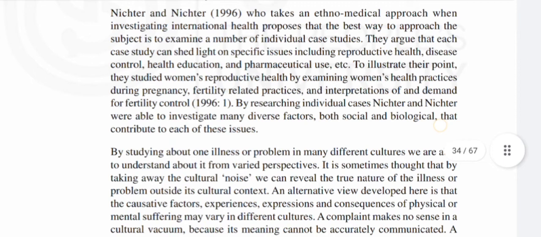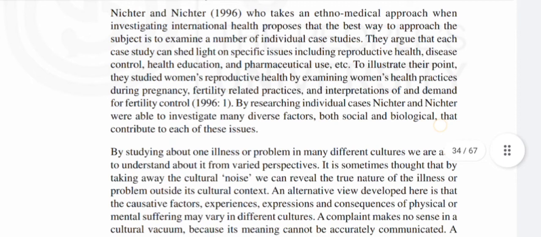They argued that each case study can shed light on specific issues including reproductive health, disease control, health education, and pharmaceutical use, etc. To illustrate their point, they studied women's reproductive health by examining women's health practices during pregnancy, fertility related practices, and interpretations of and demand for fertility control, 1996.